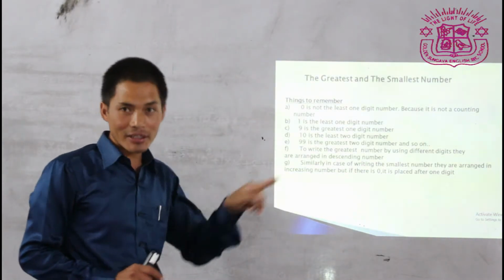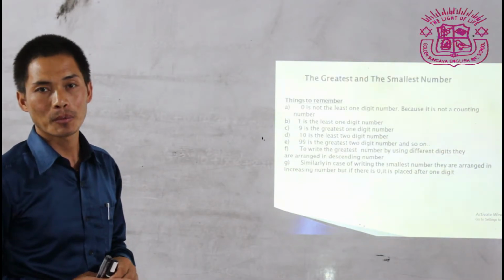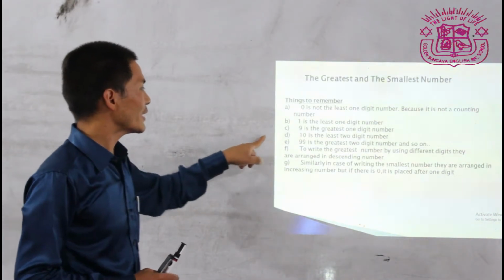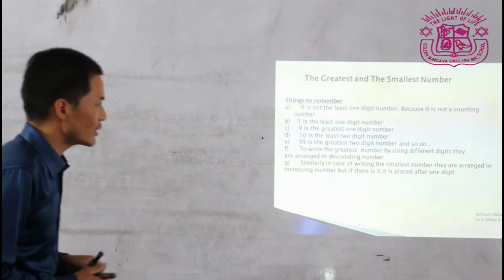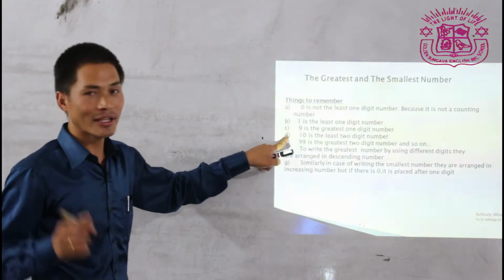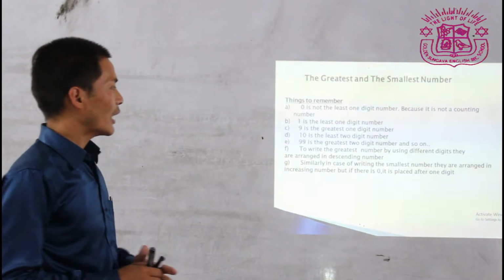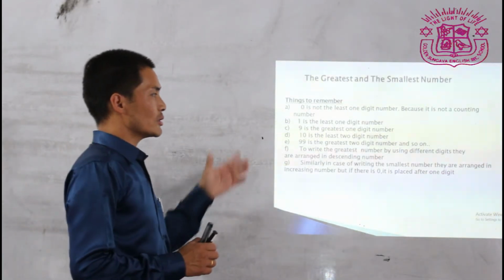9 is the greatest 1 digit number. 10 is the least 2 digit number. 99 is the greatest 2 digit number.